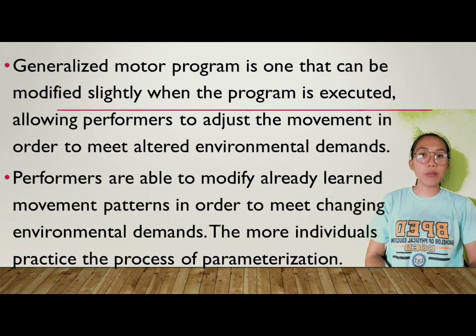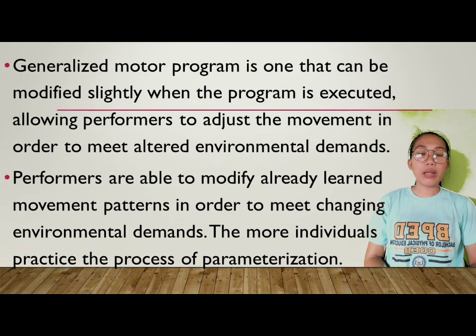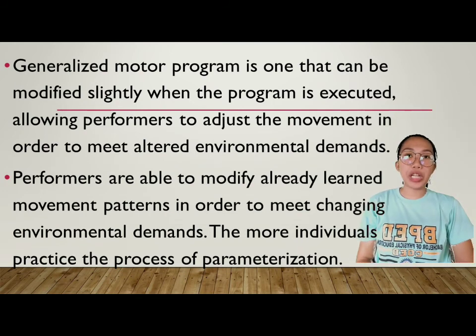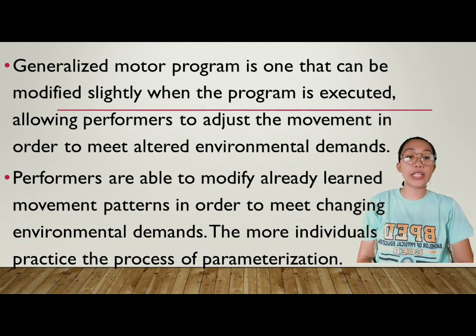The more individuals practice, the more they learn the process of parameterization. As for the professional golfer, for example, if the goal is near, he will only swing the golf stick in a slower and more controlled movement. And let's say that he is right-handed, obviously, he'll use his right hand because it presumably has more control.